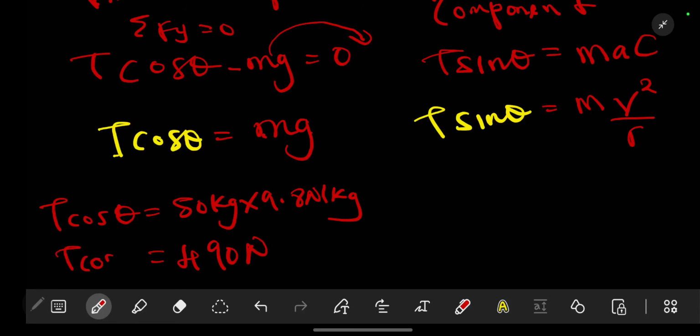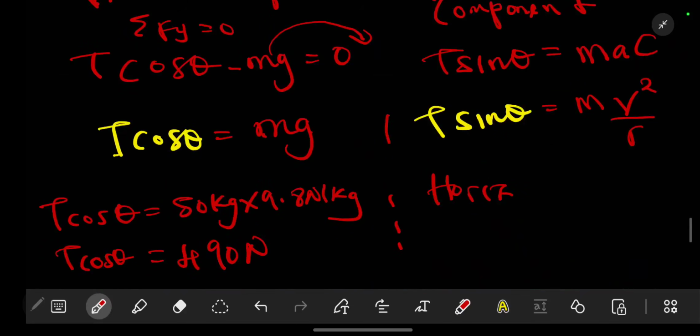So this will be our vertical component. Then to find our y component, sorry, not the y component, this is your horizontal.